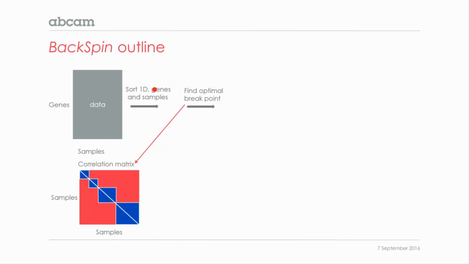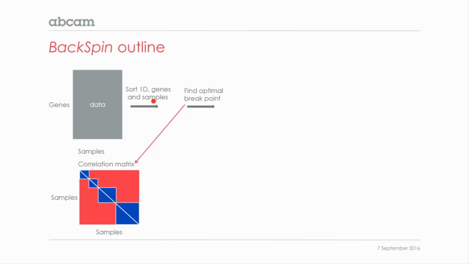Practically, if we look at the first split, we take the data and sort it into a one-dimensional order of the genes and the samples. This means that we use the spin algorithm, and the spin algorithm will sort the cells, for example, and put cells that are close to each other in this one-dimensional order.